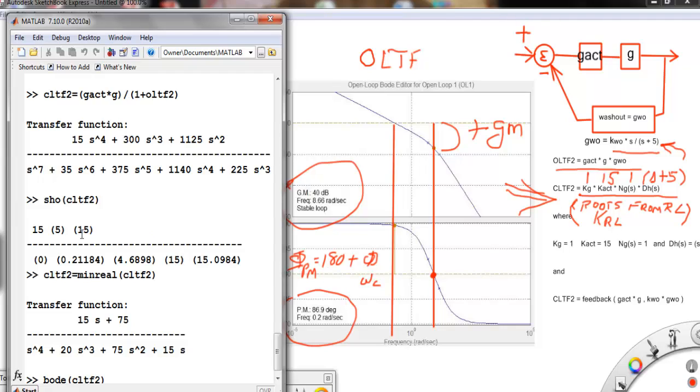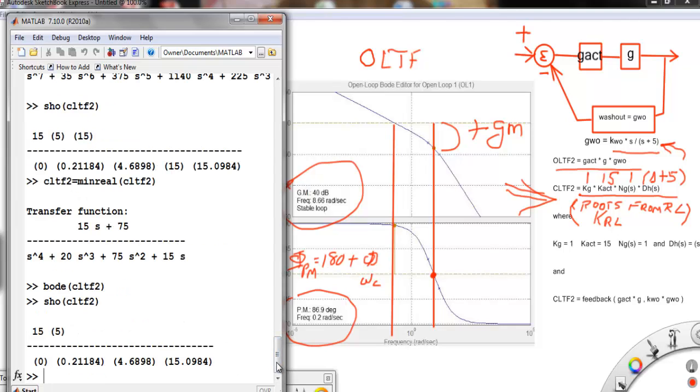Whenever you see the same numbers showing up in the numerator and the denominator, you can clean it up with a command called minreal. So if you just use CLTF equals minreal CLTF for 1 or 2 or whatever it is, notice how it will cancel that pole and the zero at 15 for you. And then you notice that the 15s are canceled, and I have a stable response.